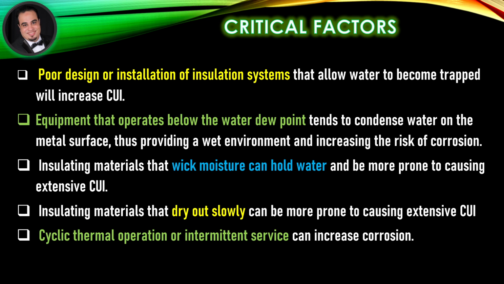Insulating materials that wick moisture can hold water and be more prone to causing extensive corrosion under insulation. Insulating materials that dry out slowly can be more prone to causing extensive corrosion under insulation.